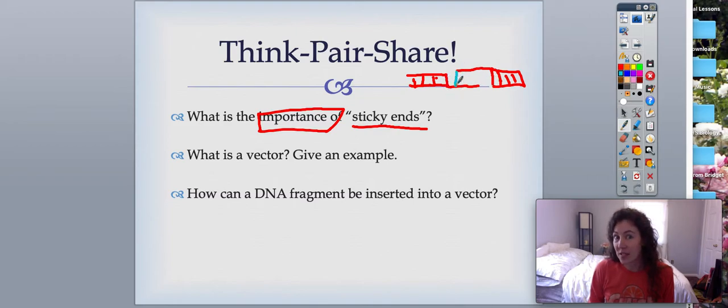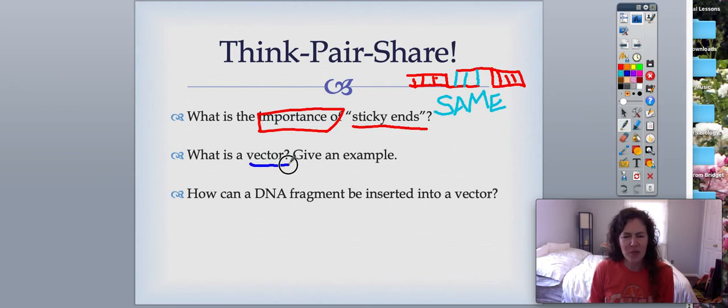These would have to have the same letters according to Chargaff's rule so that they could be glued back together. The only way they can have the same sticky ends and the same letters to match by Chargaff's rule is if they were cut with the same restriction enzyme. So there's our importance of sticky ends.